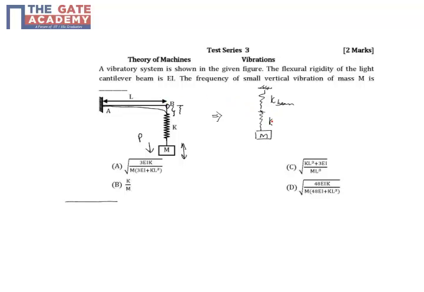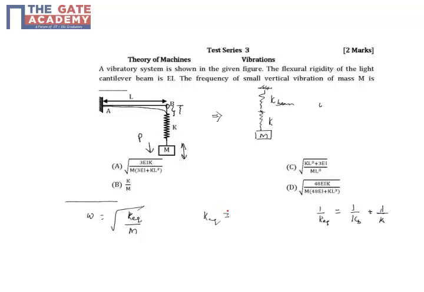Once you decide this, the natural frequency of the mass is found by converting into a single equivalent spring, so K equivalent by mass. K equivalent, when the two springs are in series, is given by 1 by K equivalent equals 1 by K beam plus 1 by K. Now we need to find out K beam.